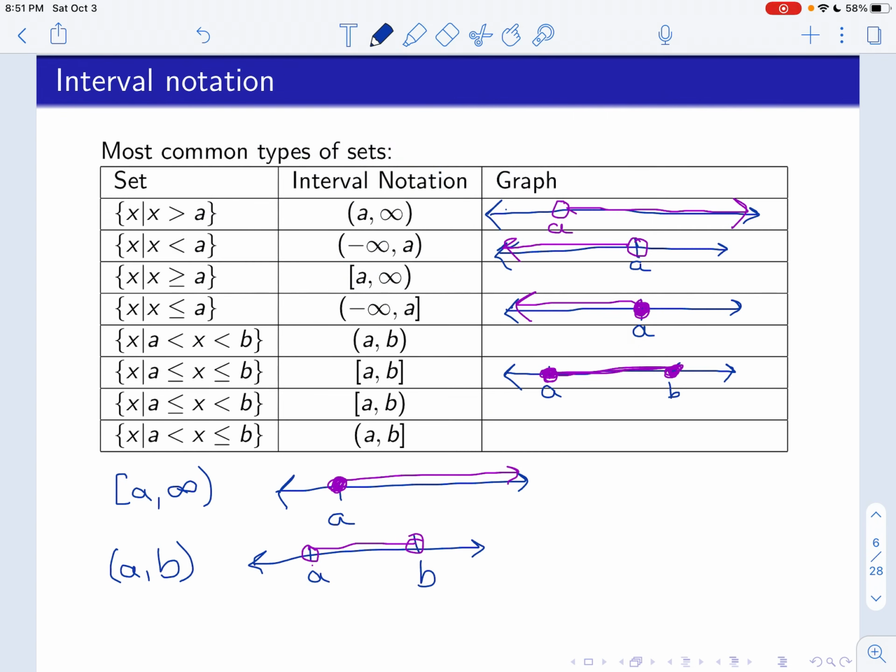And then finally, to wrap this up, we'll point out that there's no rule that the two endpoints have to both be less than or greater than, or less than or equal or greater than or equal to. We can have mixed ones.